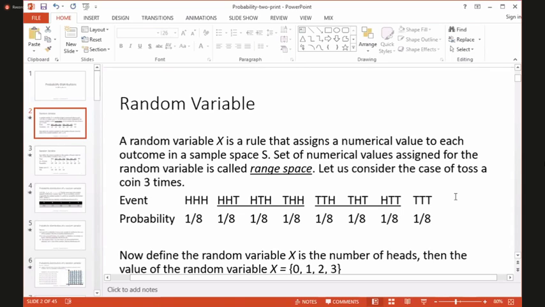There are some cases even numbers, for example, tossing a die, 1 to 6, that is numeric. But on most occasions in practical situations, the sample space may be in a different form, normally characters like H. When it comes to range space, the purpose is to convert the sample space to numeric values by defining the random variable x.